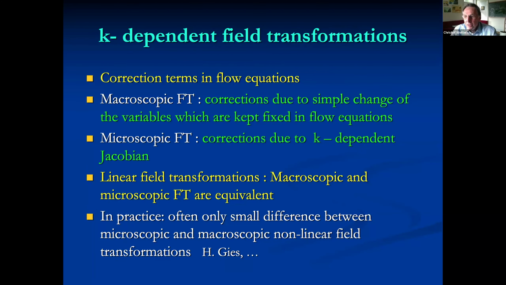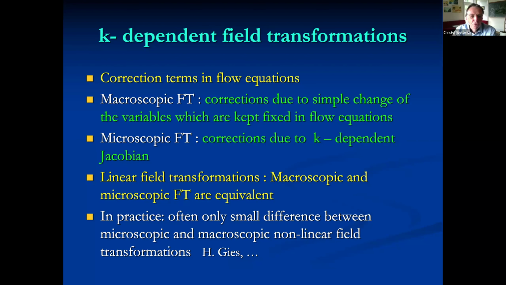Now, the next step is relatively straightforward. If you have k-dependent field transformations, they induce correction terms in the flow equations. For the macroscopic field transformations, the corrections are simply due to a change of the variables, which are kept fixed in the flow equations. That's pretty straightforward.